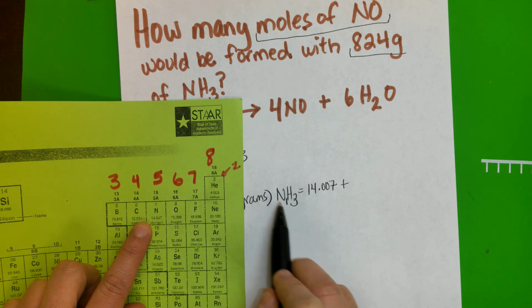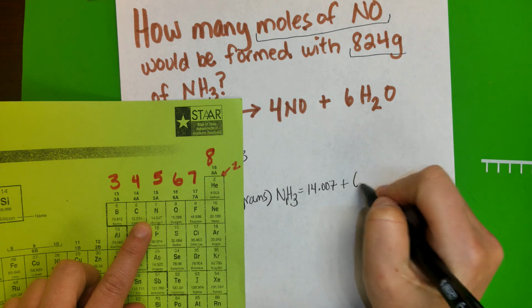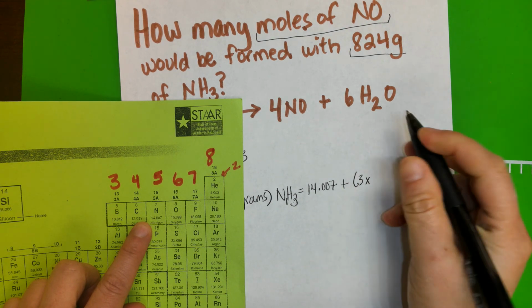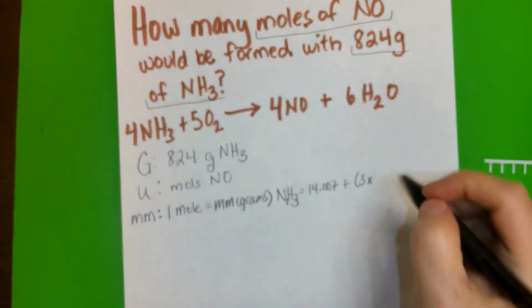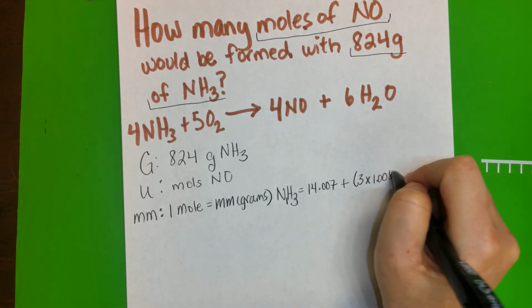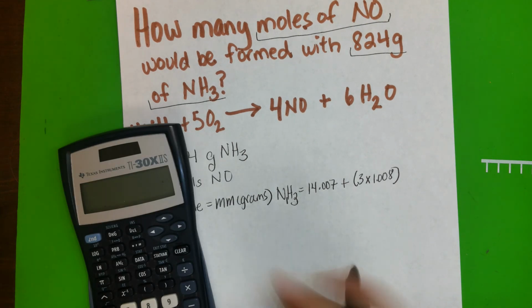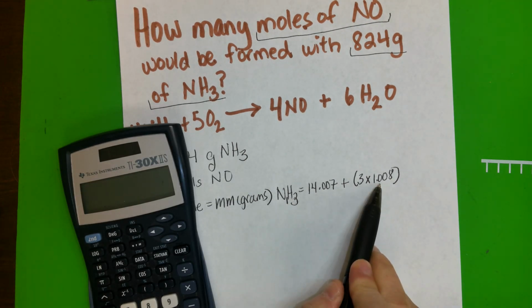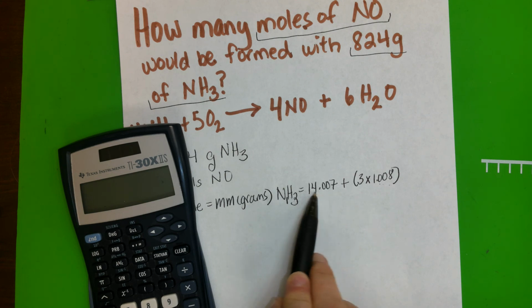You want to get the molar mass of everything. So it's 3 of them, so it will be 3 times hydrogen, which is 1.008. So 1.008, okay? Mainly because each hydrogen has 1.008, that's why we have to multiply by 3, because there's 3 of them. And there's only 1 nitrogen, so you don't have to do any multiplying here. You just have to put 1 of those, okay?